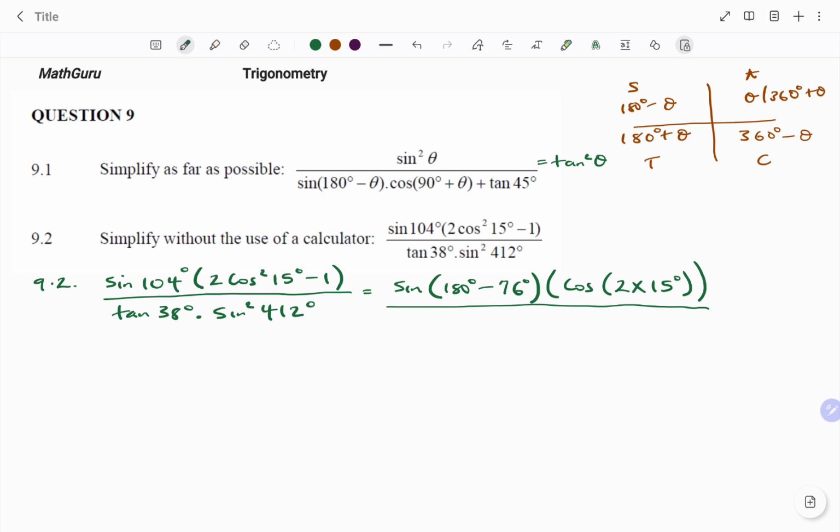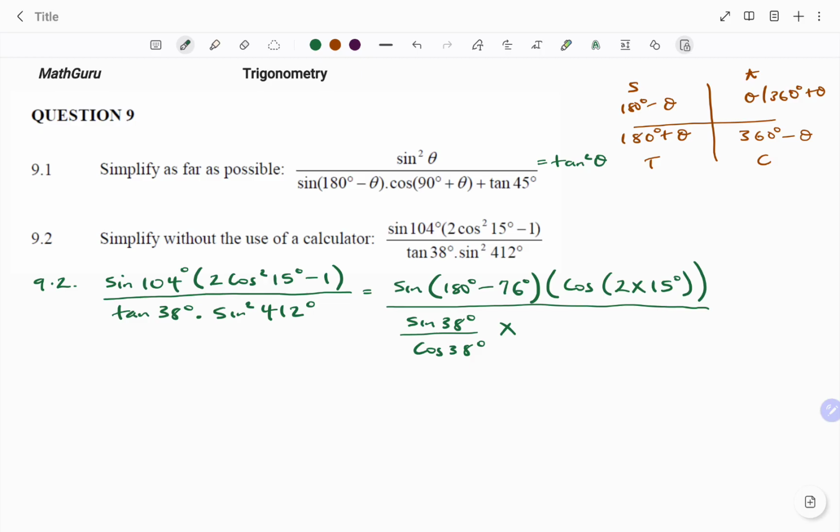Then if I go to the bottom, tan 38 degrees, I'm going to change my tan using my identity into sine 38 degrees divided by cos 38 degrees, because tan theta equals sine theta over cos theta, times I have sine squared 412.